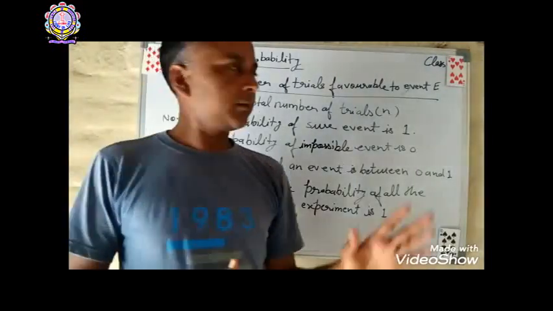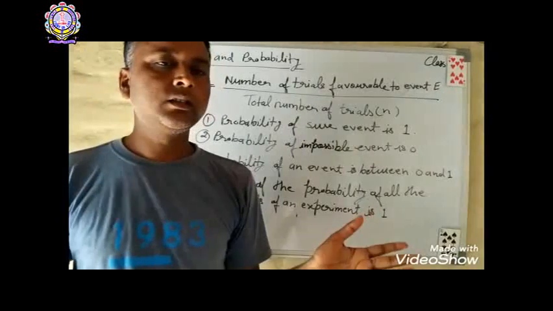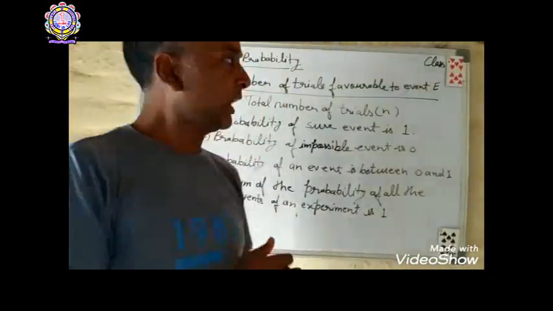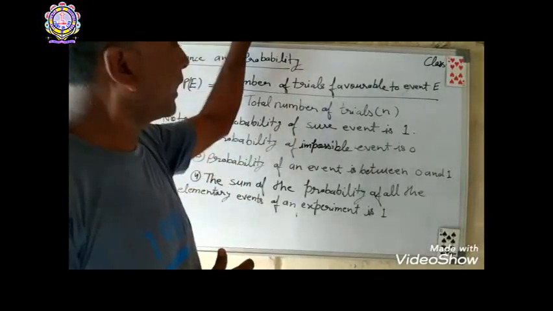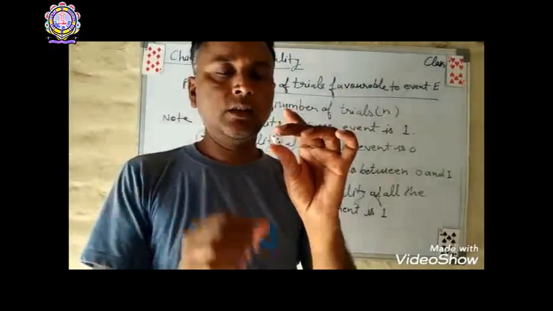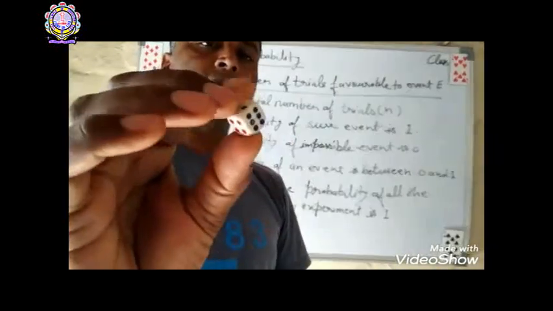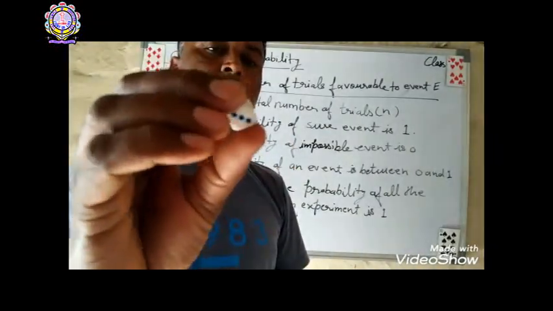About the playing cards, we study them in higher classes. So now we take a simple example like rolling a die. It has 6 faces and each face contains a number.